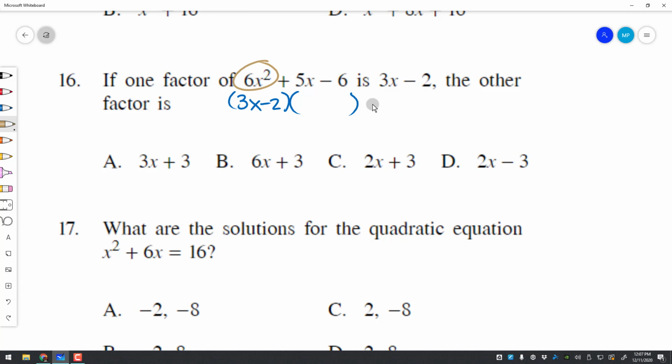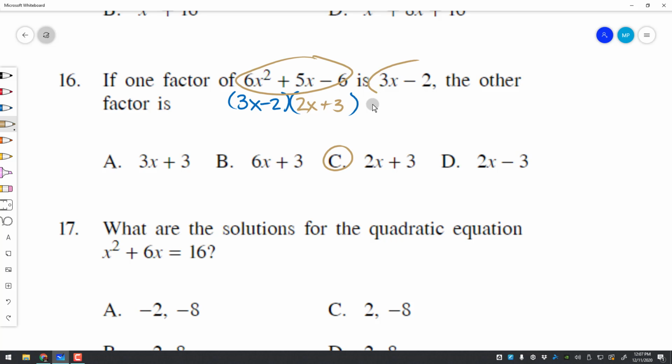Well, if I'm going to get a first term of 6x squared, what do I need to multiply 3x by? It's got to be 2x. And if I know that my constants multiply to negative 6, what does my other constant have to be? It's got to be positive 3. This is the very fast way of finding our solution here.